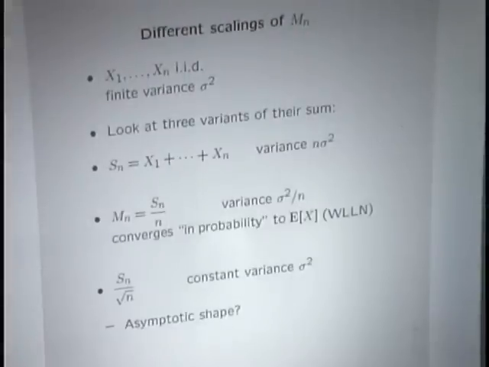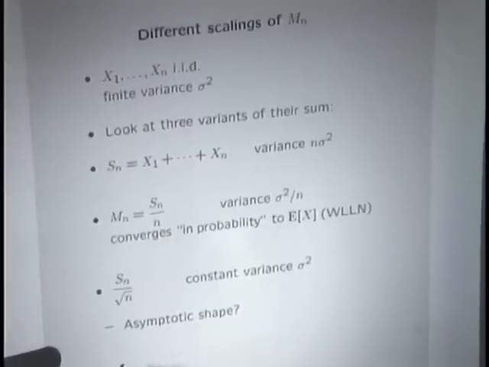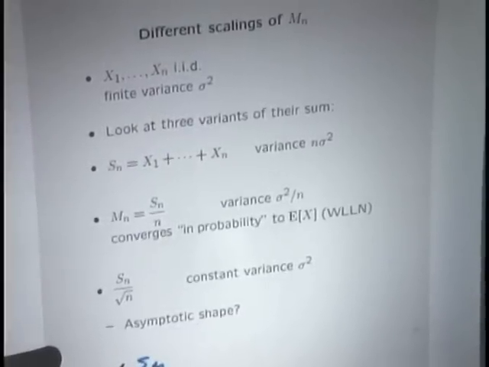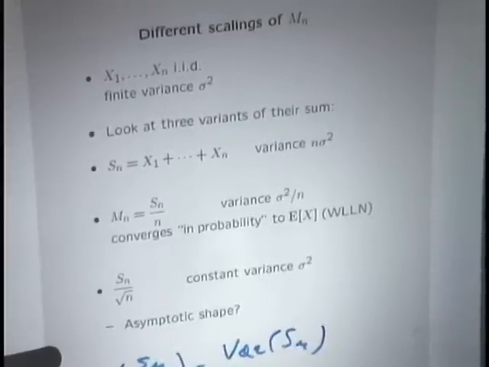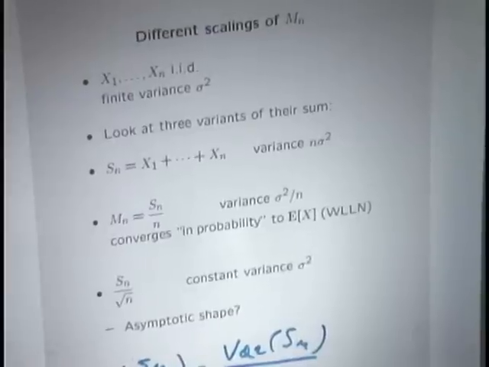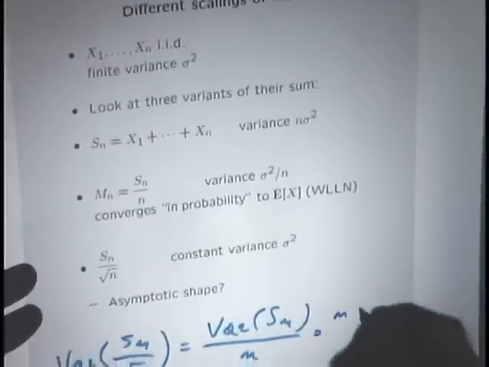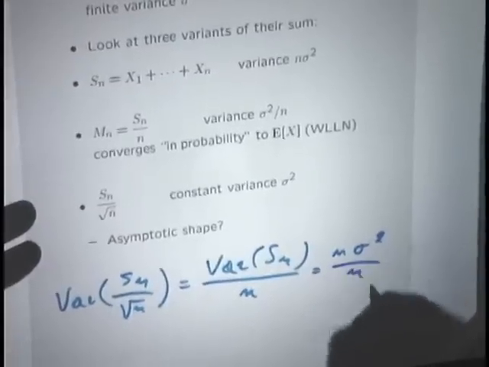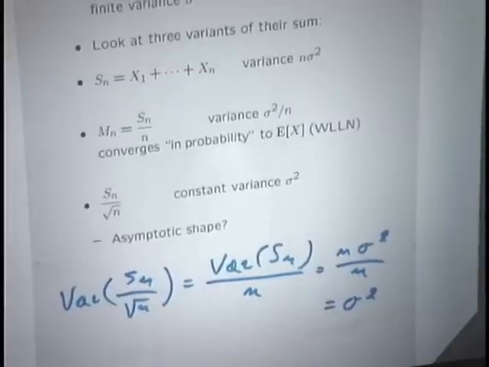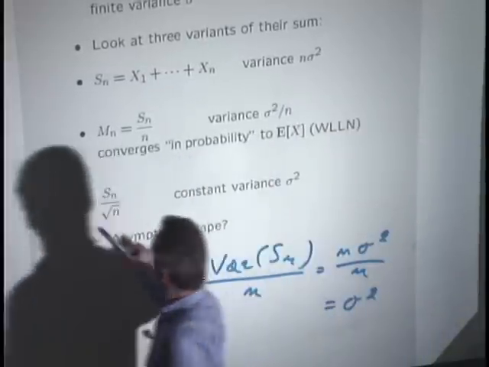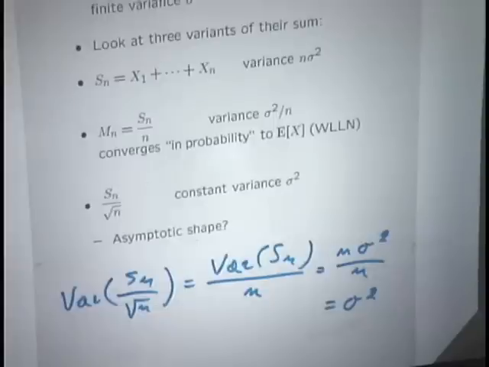When we scale by dividing by square root of n, the variance of Sn over square root of n is going to be the variance of Sn, the sum, divided by n. That's how variances behave. The variance of Sn is n sigma squared divided by n, which is sigma squared. Which means that when we scale in this particular way, as n changes, the variance doesn't change.